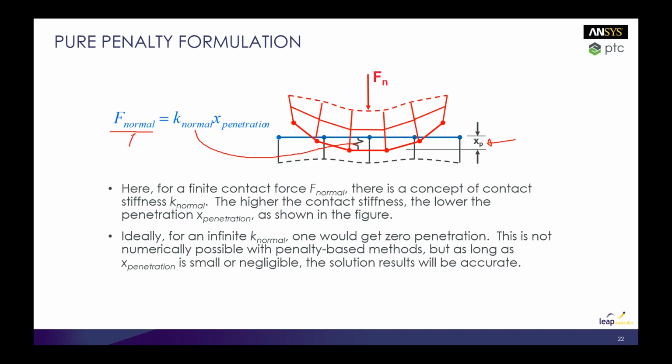This is an artificial force that's introduced to enforce the contact compatibility. Ideally we want this penetration to be close to zero, which implies that this stiffness is close to infinity. That means this force is going to be quite high.